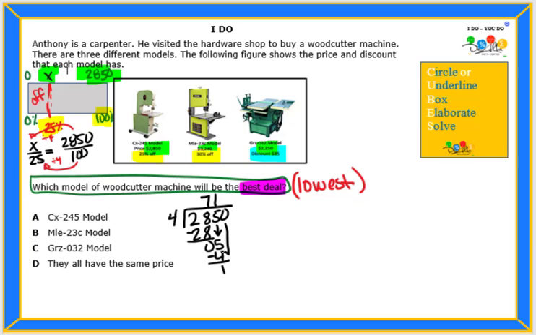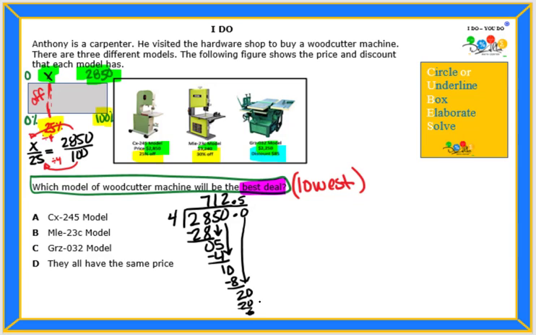Have 1 left over, so bring down the 0. 4 goes into 10 2 times. That's 8, but we have 2 left over. So we're going to have to add a decimal so that we can continue. And we add a 0. 4 goes into 20 5 times. And then we're done.